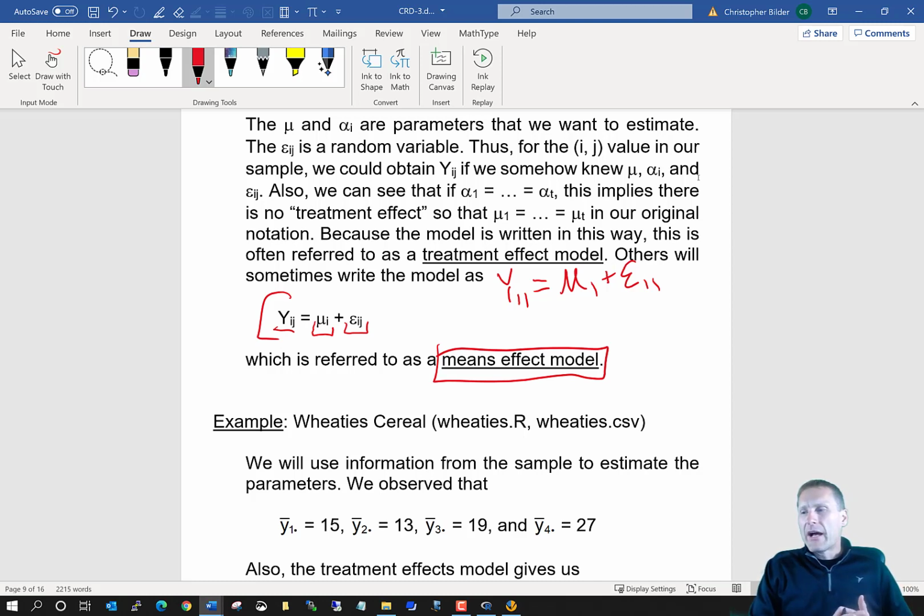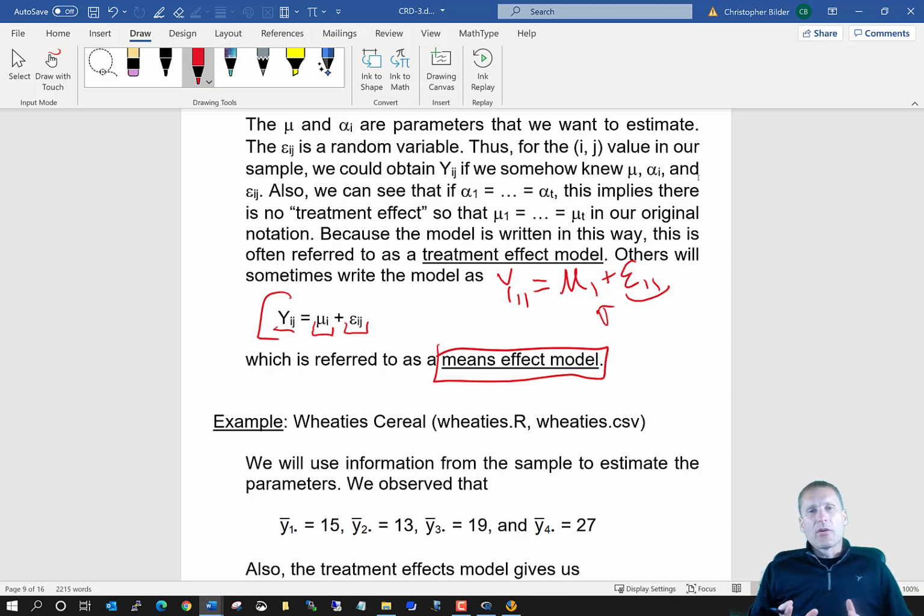Or perhaps the store was running a big sales promotion, not necessarily for Wheaties, but for something else, and so that drove a lot of people into the store. If there's a lot of people in the store, maybe more Wheaties boxes were being sold. And so what this epsilon, a Greek letter epsilon, basically says is, here's everything else that could affect the sales of these cereal boxes other than the actual design type.